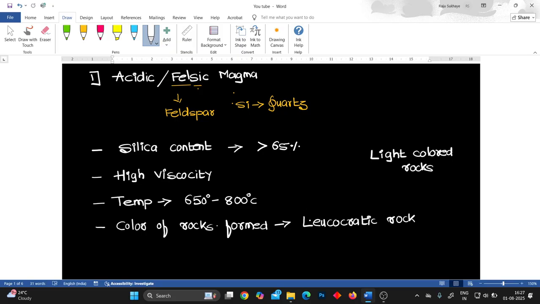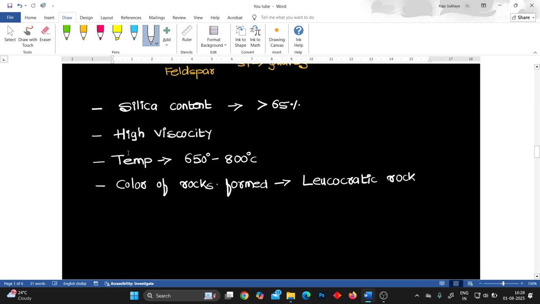Light colored igneous rocks are known as leucocratic rocks. Again, what will be the speciality of the acidic magma? We have seen the temperature and the color of the rocks which are forming. Next we'll be seeing the primary minerals present in this acidic magma, acidic lava, or felsic magma.